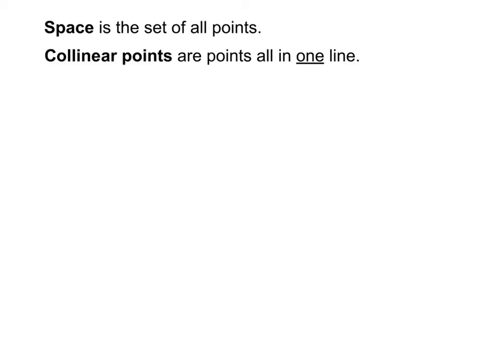Collinear points are points all in one line. As you can see in the figure, I have four points here, and I was a little off in drawing them, but they are all in that one red line, so they are considered to be collinear points.